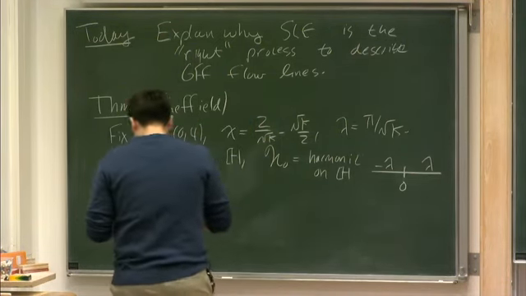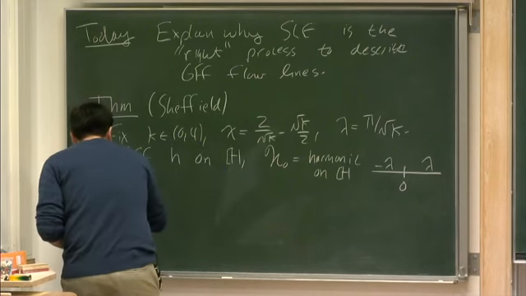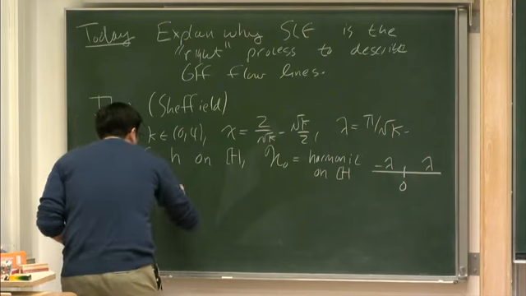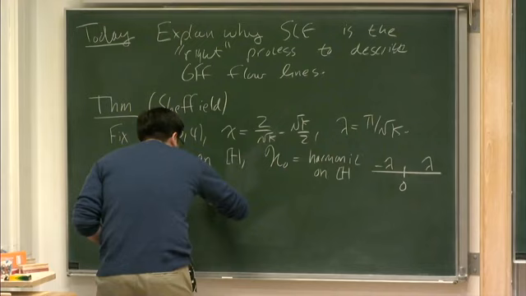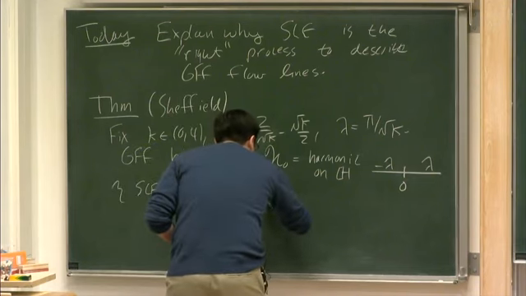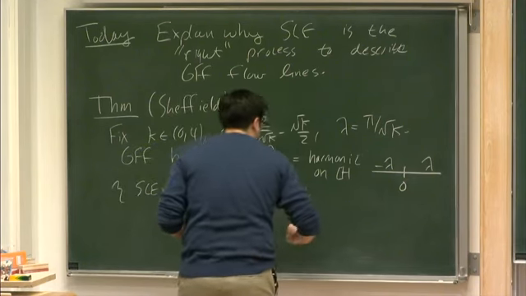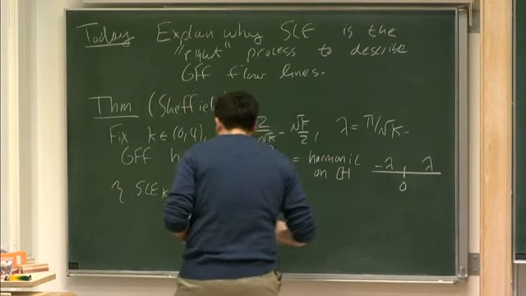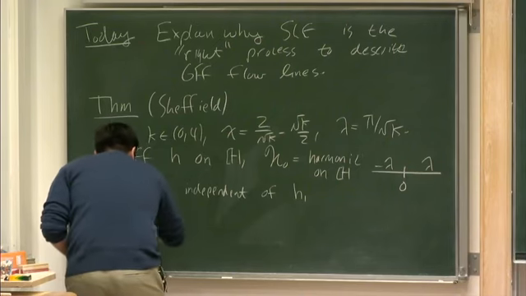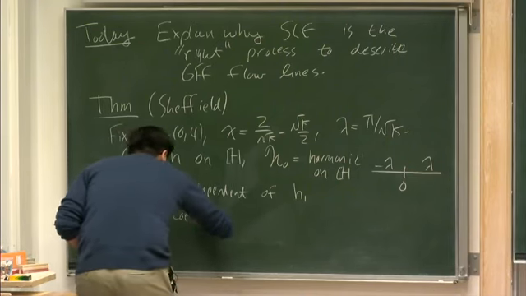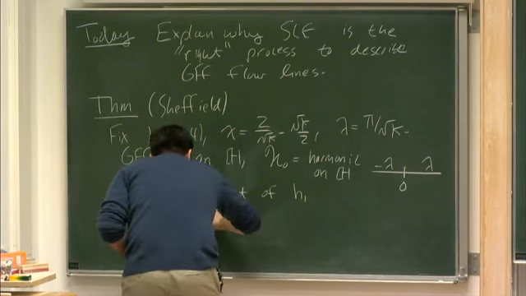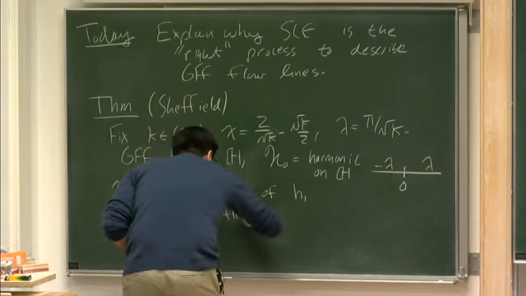Then you suppose that you have an SLE. So eta is going to be an SLE kappa process, which is independent of h, independent of your Gaussian free field. I'm going to let g sub t be its associated Loewner flow.